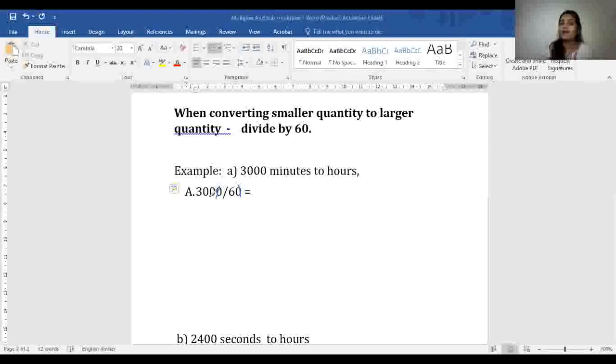Now we are left with 300 divided by 6. When we do 300 divided by 6, what is the answer that I'll get? 6 5s are 30, so 50 hours is the answer. So 3,000 minutes is equal to 50 hours.